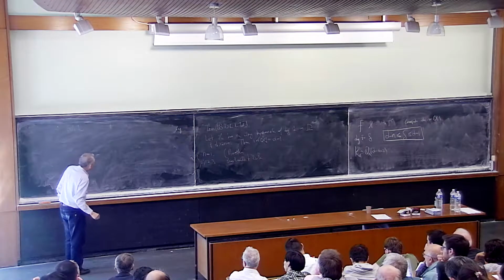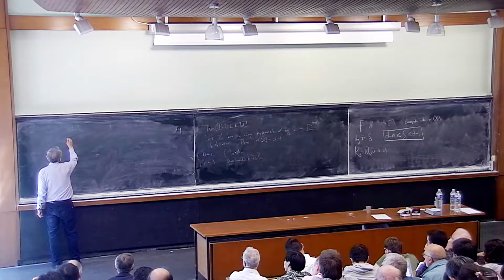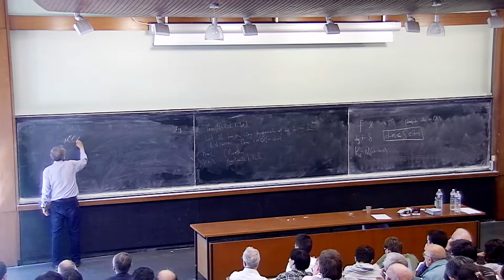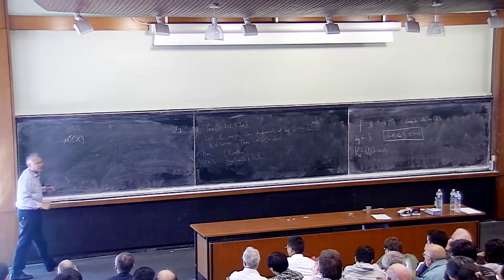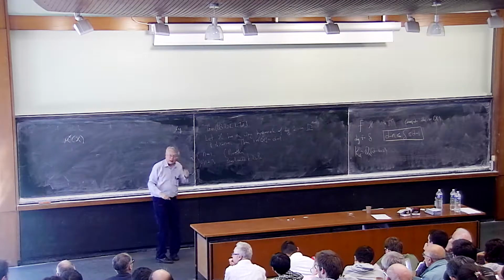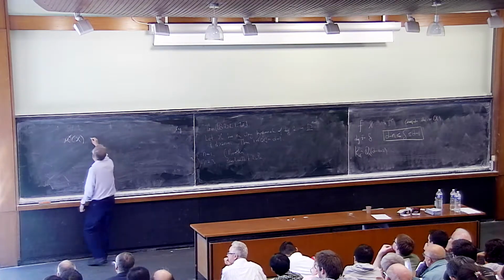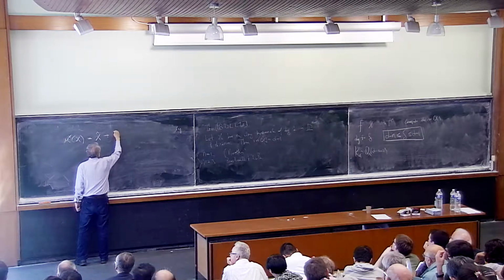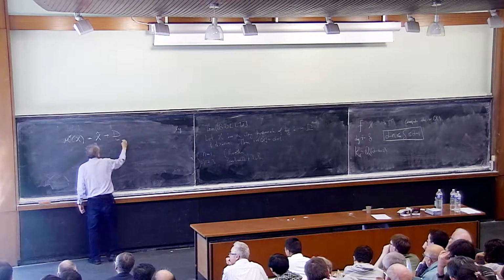And now I look at the inverse image of the divisor X. Then this becomes a divisor in W. W is this universal family of lines. And this is equal to the proper transform of X plus something else, an exceptional divisor.